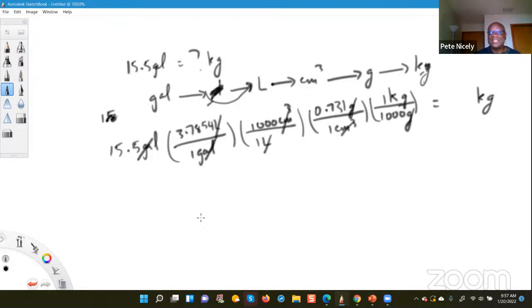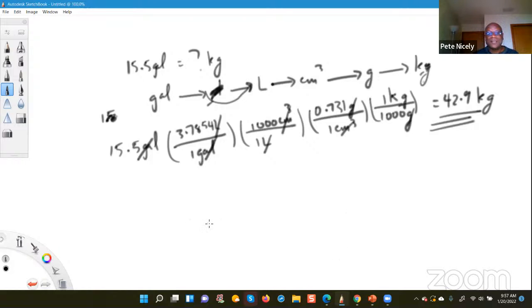And according to my calculations, again, we have to round off to 3 sig figs. When I do that, the answer I got is 42.9 kilograms. And that's the answer. All right? Okay, any questions about this particular example? Any questions?